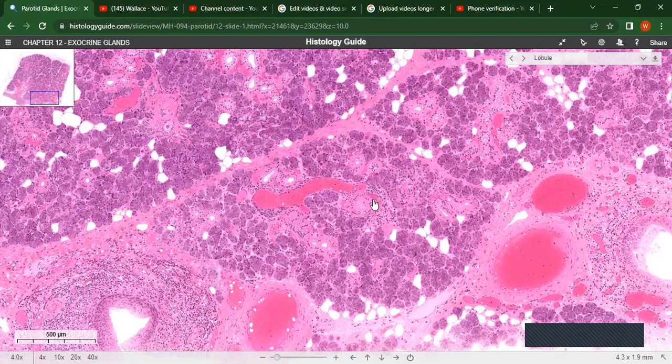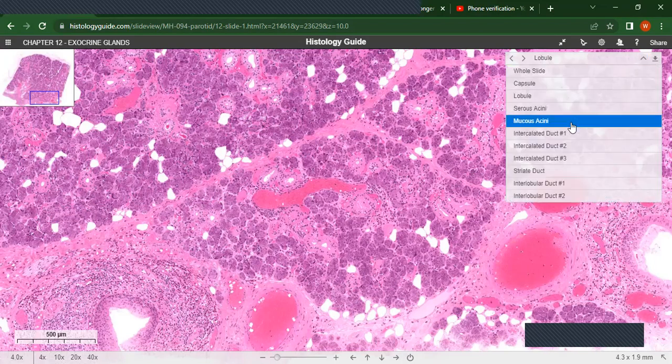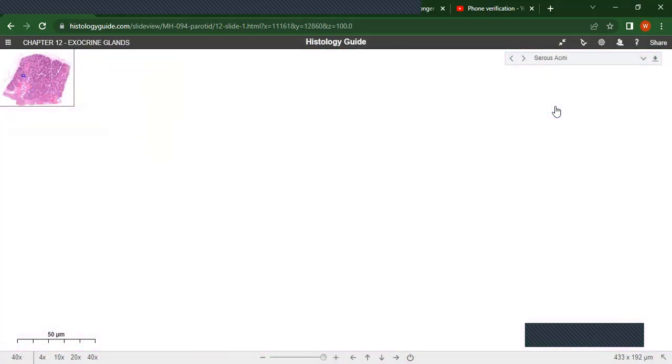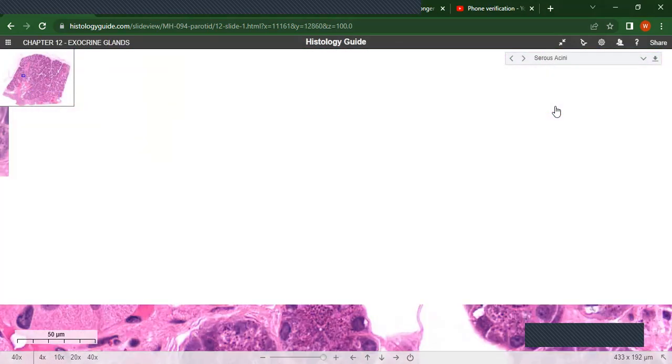Its secretions are mainly watery. So the secretory cells consist of the serous cells, which are the majority. So it is a serous gland.